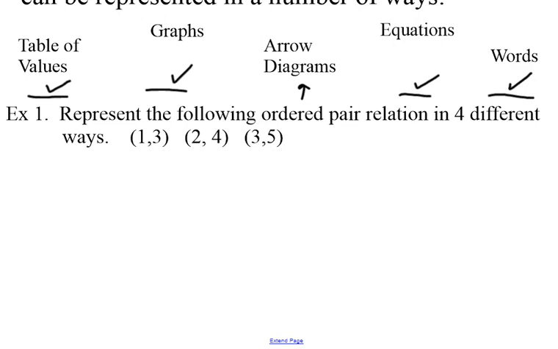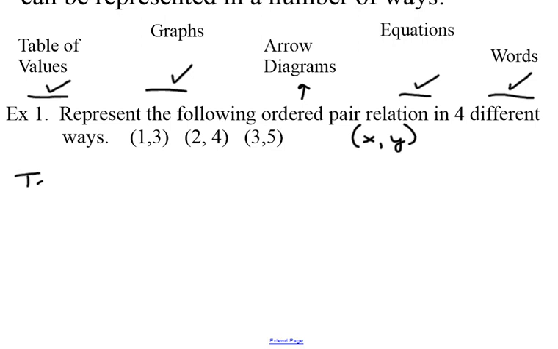Here we have a set of ordered pairs that show a relation. What are the 4 ways we've seen in the past of showing that relation between the values? Remember, ordered pairs state the x and y value in that order.